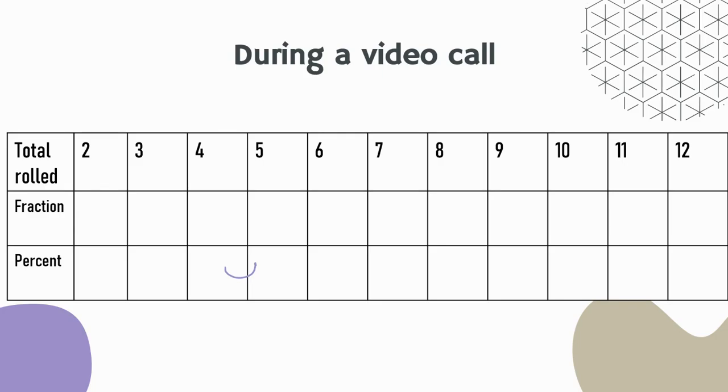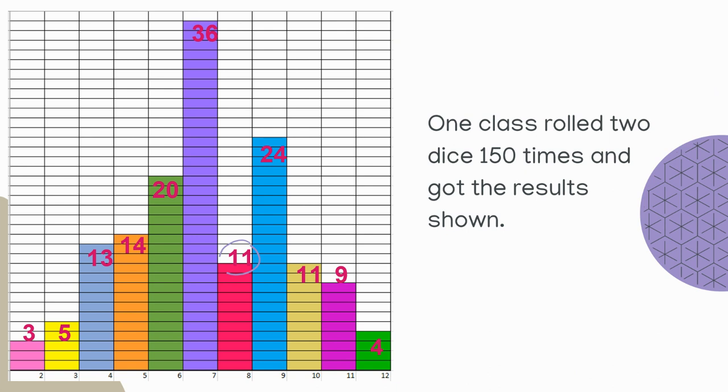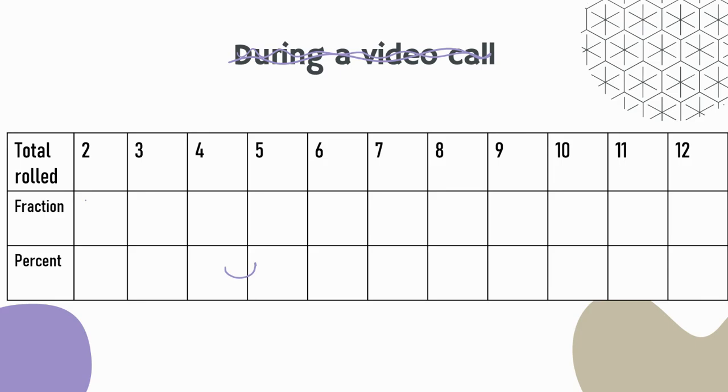So if we were going to do this, we could fill in this table and figure all this stuff out. If we're looking at the total number of 2s rolled, well, they rolled 3 out of 150. If we write that as a fraction, we get this, right? 3 out of 150.